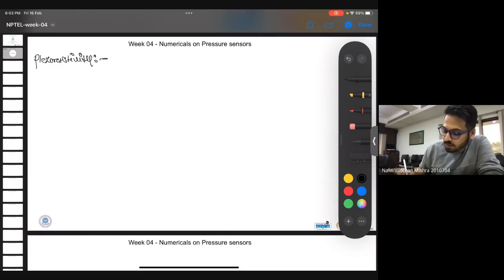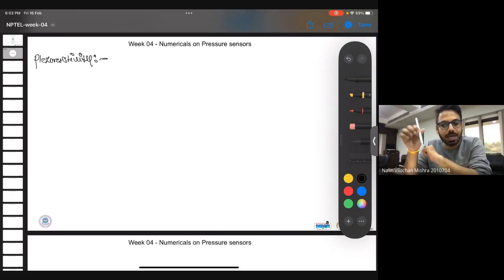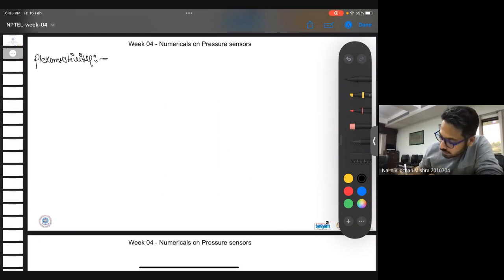When the electrical resistance of a material changes in response to mechanical stress, then this phenomenon is called piezoresistivity. Okay, so let me write it.